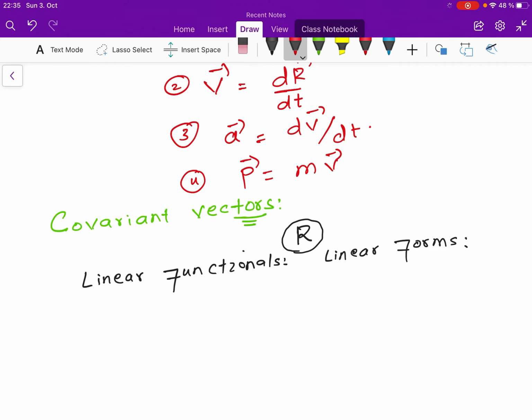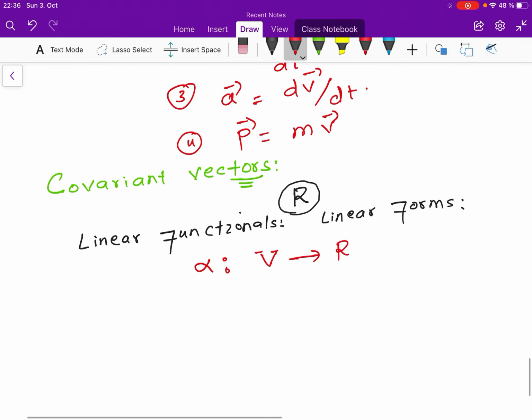Linear functionals, let me say if alpha is a linear functional, it will be a map from the vector space to the field over which this vector space is formed, which means real or complex numbers. I am considering here real numbers. We can also take complex numbers. So such linear functionals will have components, and these components will be different in different basis systems, which means that they will change if we change the basis system.